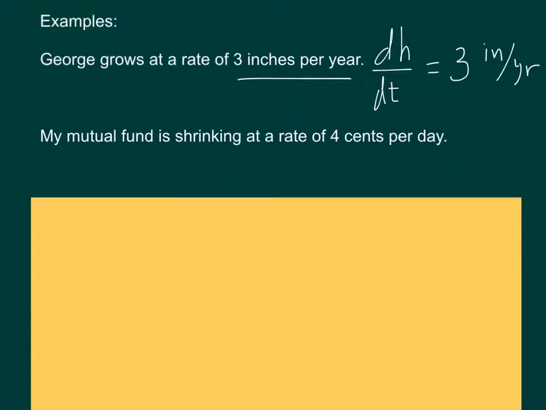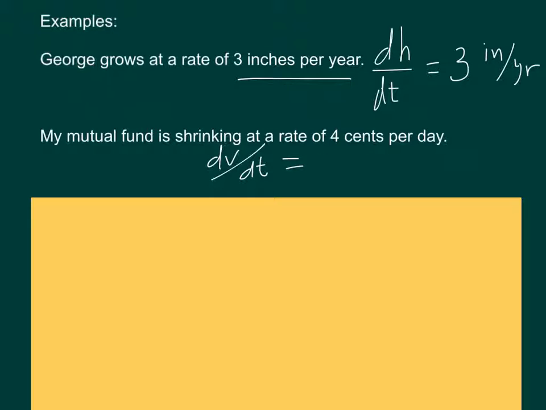If I want to look at something like this, my mutual fund is shrinking at a rate of 4 cents per day. Well, let's think about what's changing. There's lots of ways I could describe this: change in money, change in value. Probably going to call this a change in value with respect to time.